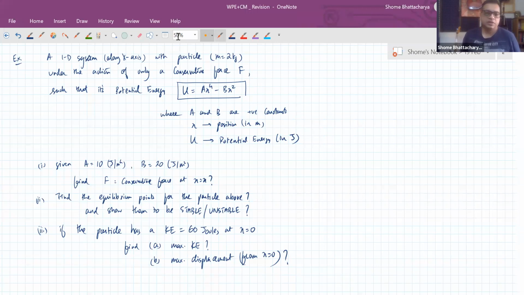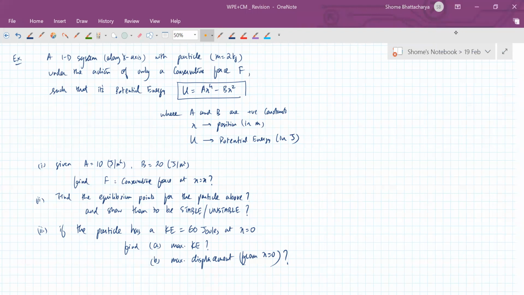Okay, so let us try to work out this question on the basis of what we have learned about the relationship between potential energy and internal conservative force in a one-dimensional situation above. So just try this out for a minute. We will discuss this question.